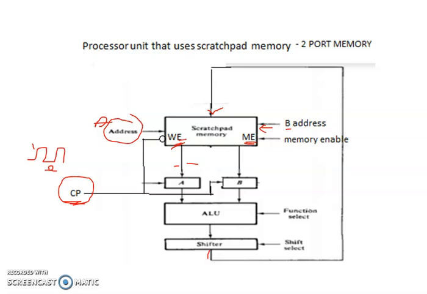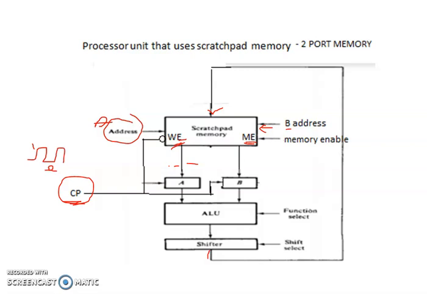from this itself, we can understand that at a single point of time, at any clock pulse, if CP is equal to 1, A and B will be able to accept the information from the scratchpad memory at the same time. It won't wait for the other to complete its operation. In parallel, it will be reading the data from the memory based on the address given in the port.